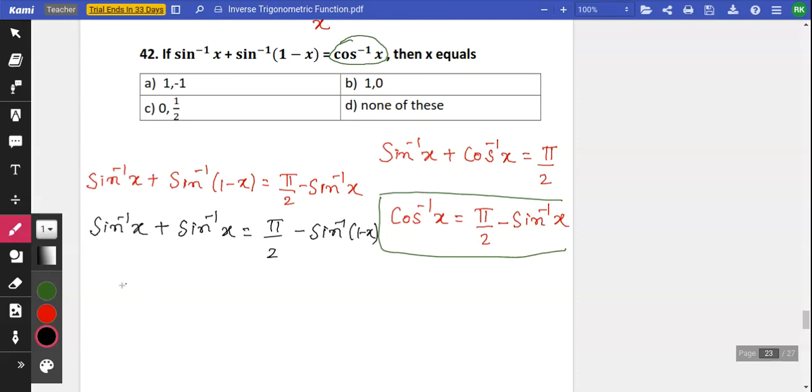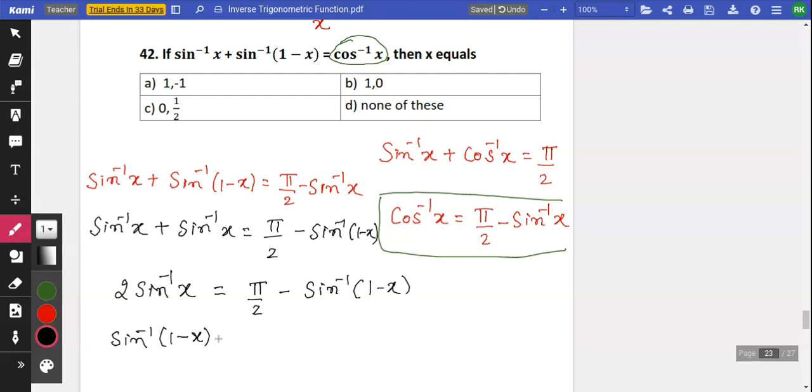Sine inverse x plus sine inverse x becomes 2 sine inverse x is equal to pi by 2 minus sine inverse 1 minus x. Now again take the term to the LHS side. It becomes positive, pi by 2 minus 2 sine inverse x.